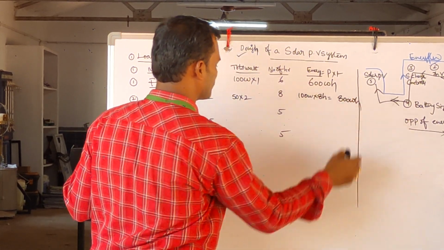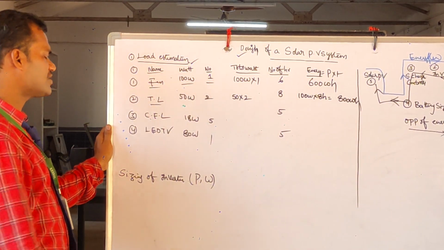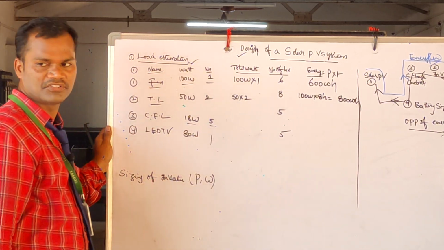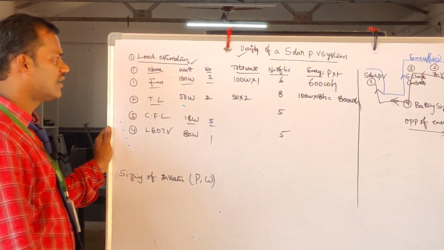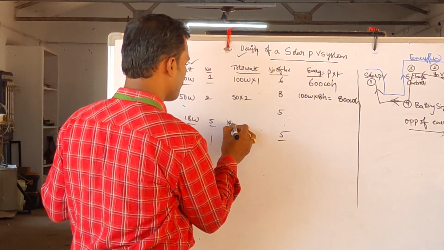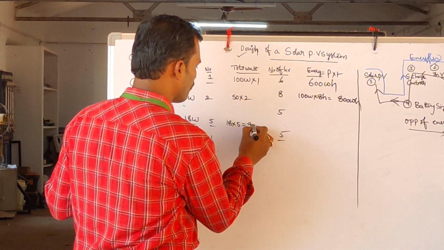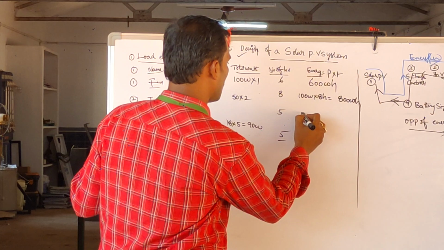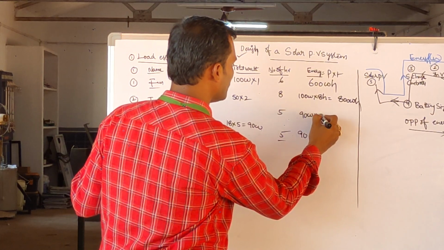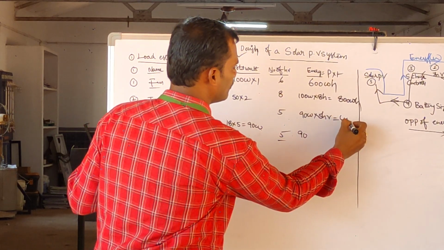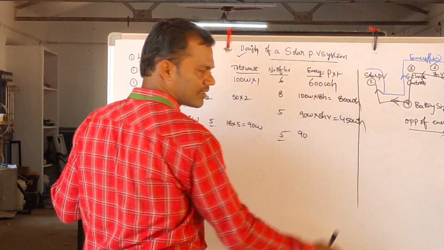Next, he has 5 CFLs with a power rating of 18 watts, operated for 5 hours. 18 into 5 is 90 watts, and this 90 watts is operated for 5 hours, which gives 450 watt hour.